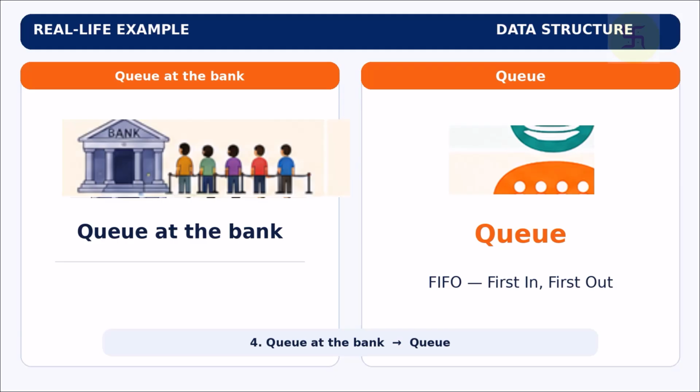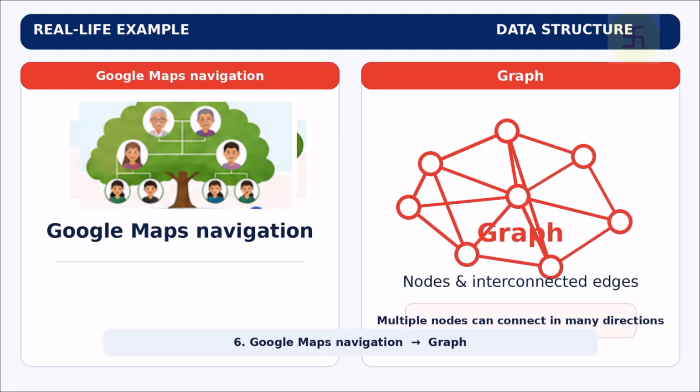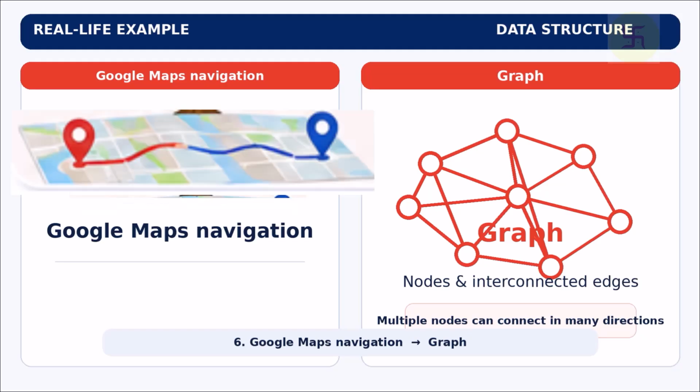A family tree represents a hierarchical structure, just like a tree in computer science. And finally, Google Maps, where different locations are connected by roads, is a good example of a graph.